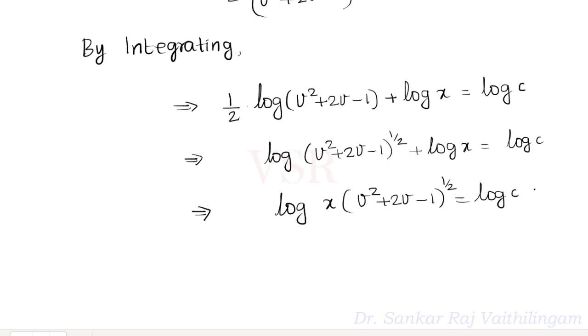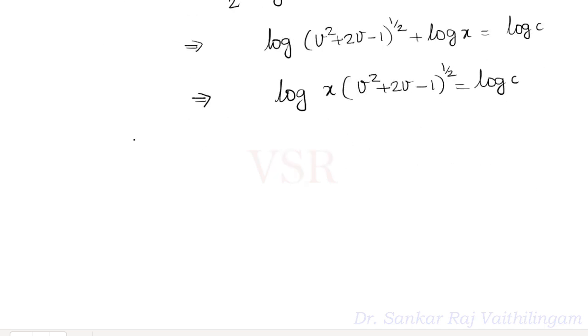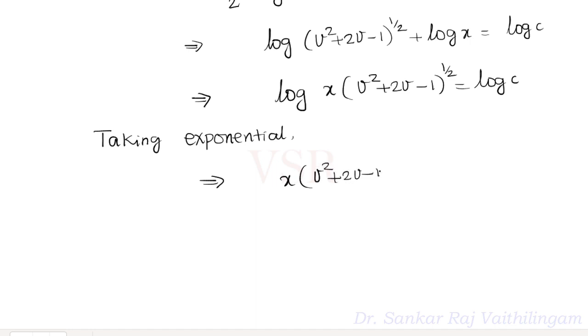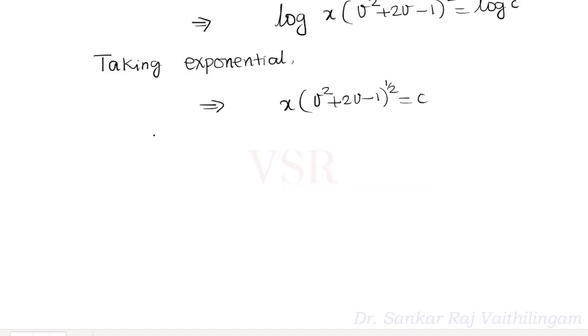Then on both sides, what am I going to do? Taking exponential, what do we get? This implies that x into v square plus 2v minus 1 the whole power 1 by 2 is equal to constant c. Now what are we going to do? Squaring.